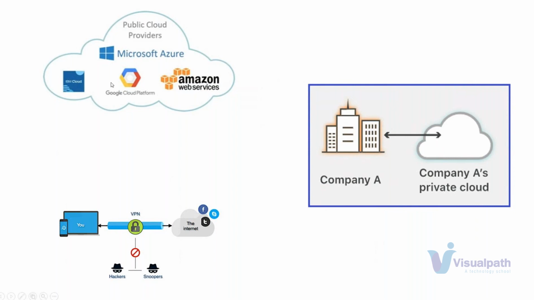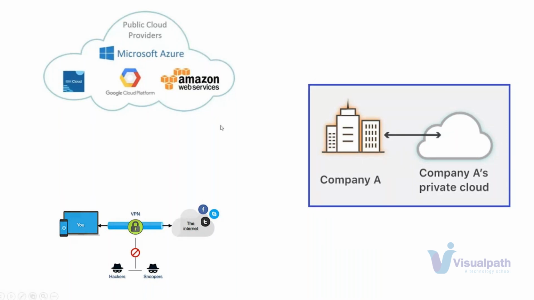But here, many organizations will be sharing the infrastructure. So that is where there are challenges to provide security and to provide elasticity. That is the advantage in the cloud. Elasticity means you pay only for the part you utilize, and the rest of the part will be used by the other organizations.